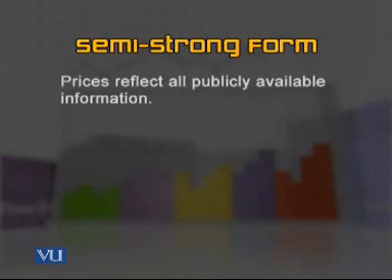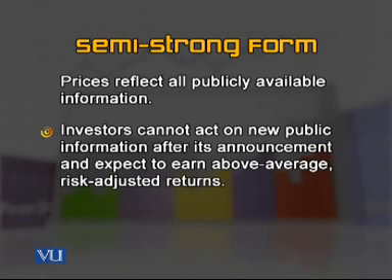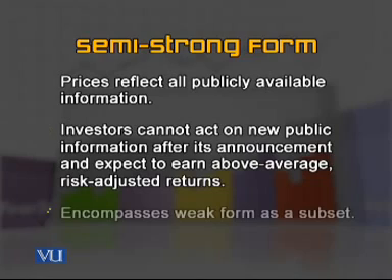Now, in the semi-strong form, prices reflect all publicly available information. Also, investors cannot act on new public information after its announcement because everybody has that information and they cannot then expect to have above average risk-adjusted returns.